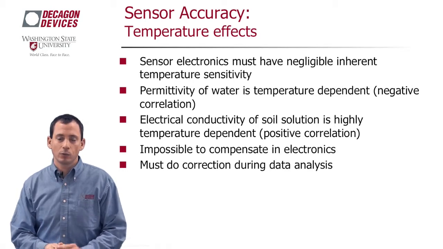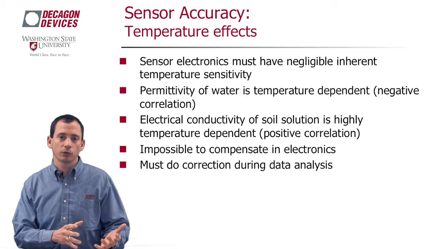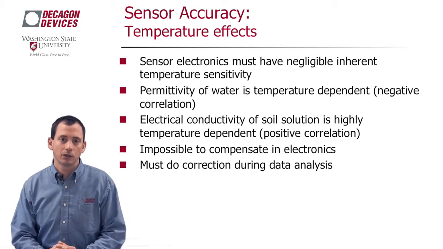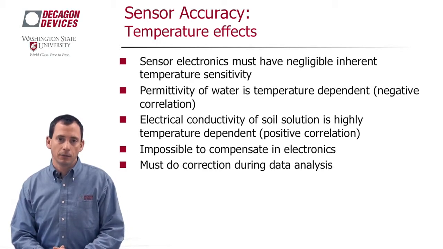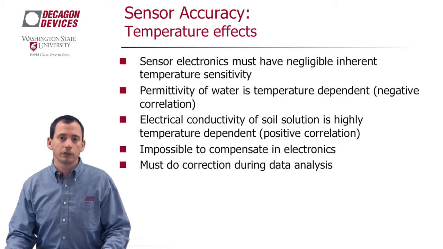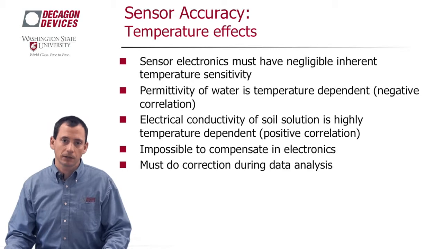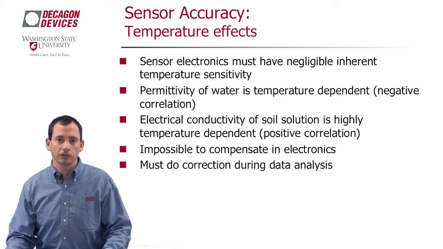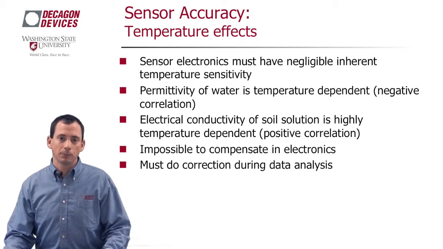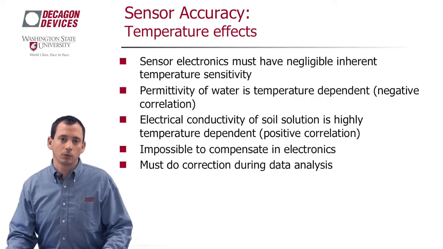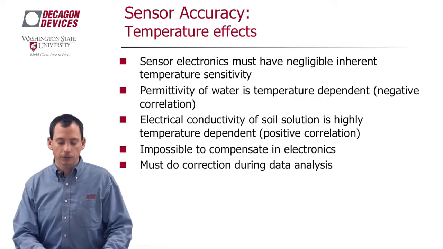So this is something that we can't correct on the sensor itself. This is something that you would need to correct out in post-processing when you're doing your data analysis, if it's large enough to actually be a problem, which it typically isn't. Typically you're talking about sensitivities on the order of maybe plus or minus 1% water content, which a lot of people find acceptable.